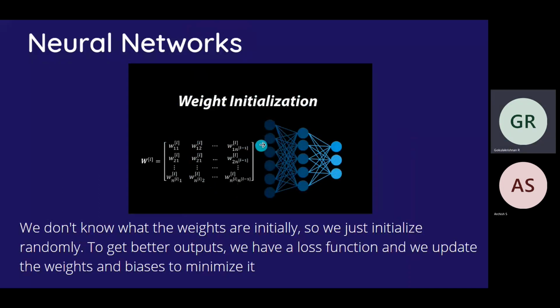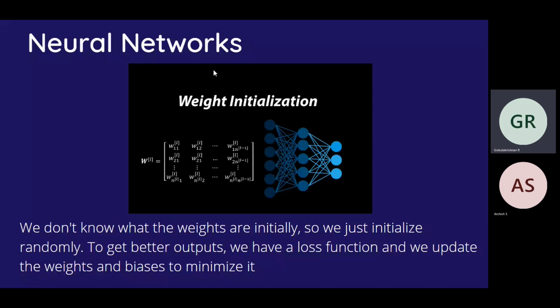So basically, think of it like a paraboloid. To update the weights and biases, you need to add a penalty to the model, right? That penalty is known as the loss function. So what we're effectively doing is trying to minimize the value of the loss function.